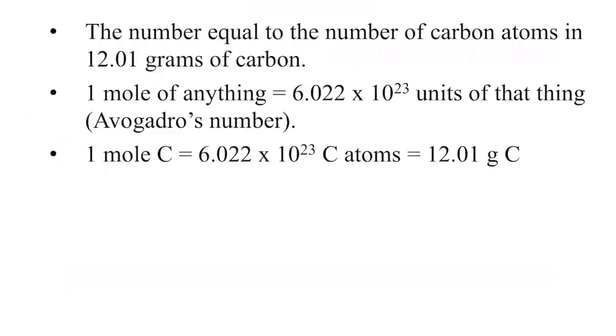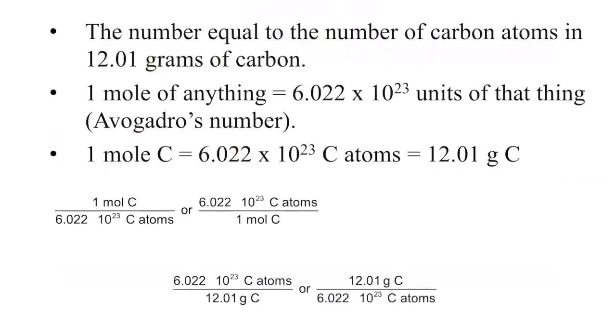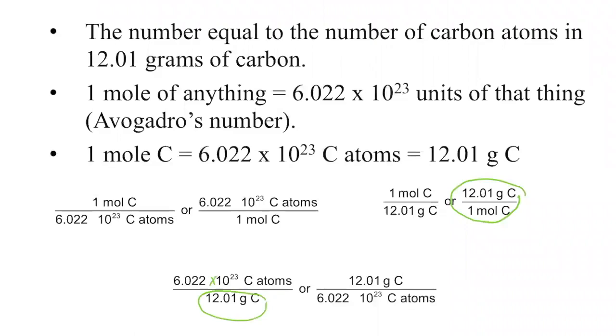Which means that our mole to gram ratio is a conversion factor. So 1 mole of carbon equals 12 grams, or 12 grams of carbon equals 1 mole. And we can flip that as we need it. We can say that 6.022 times 10 to the 23rd atoms of carbon equals 12.01 grams.